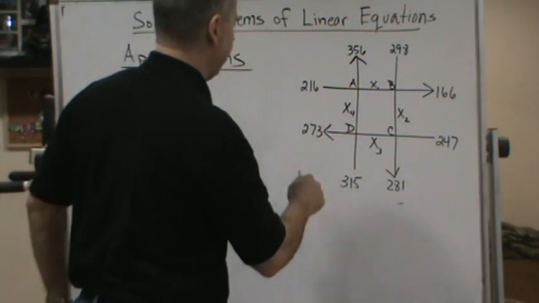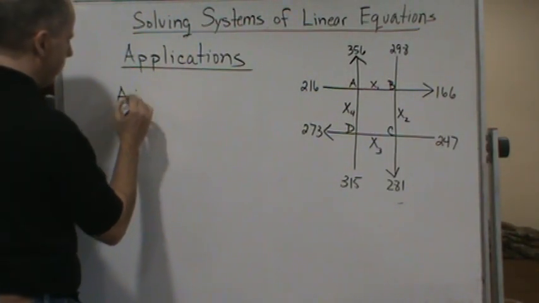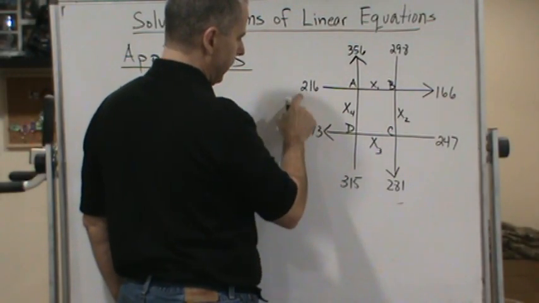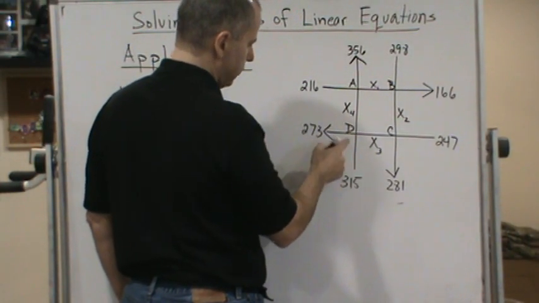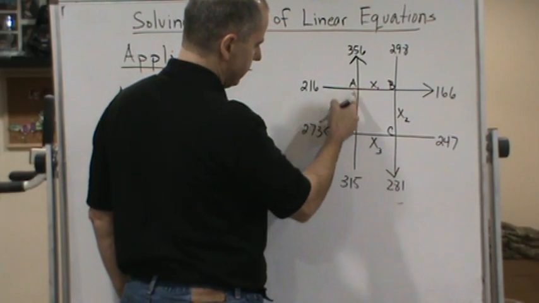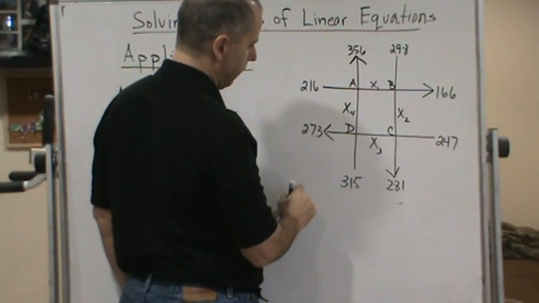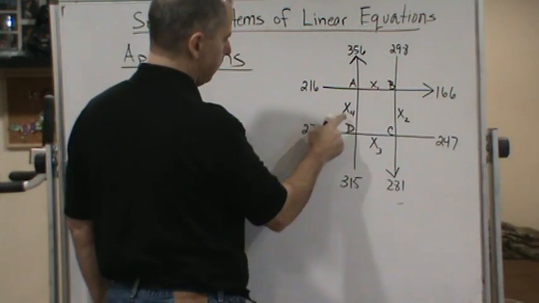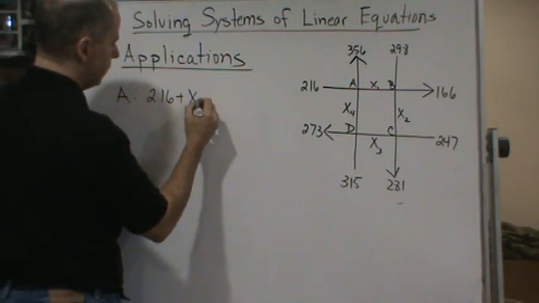Okay, so let's look at intersection A. And what do we have? We've got the inflow, the rate of traffic coming into intersection A, and also from here, the flow rate for going along this path, right? So if we wanted to represent an equation, it would be this plus this, so it would be 216 plus x4.